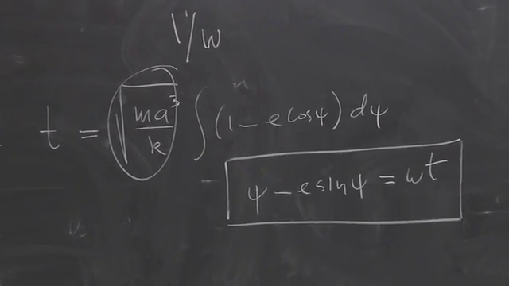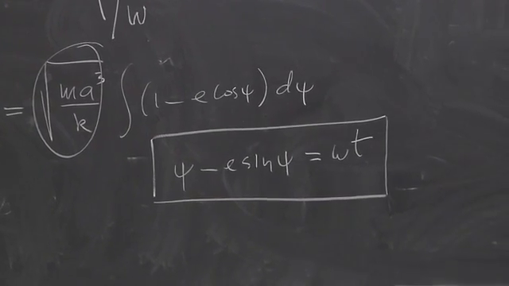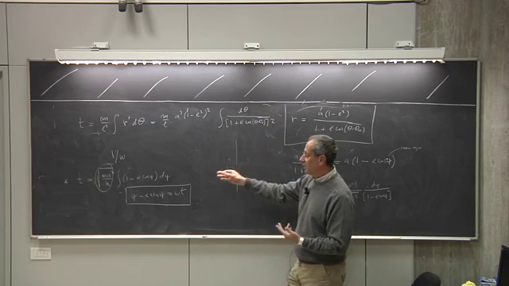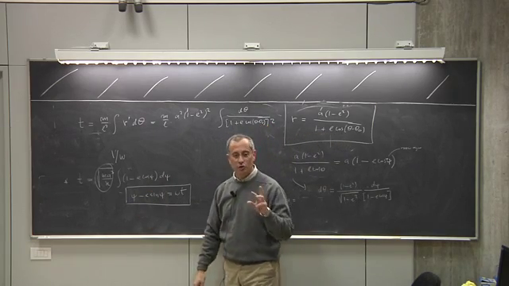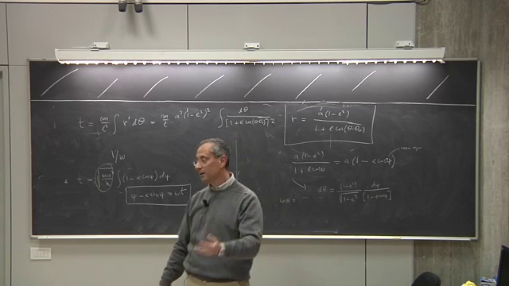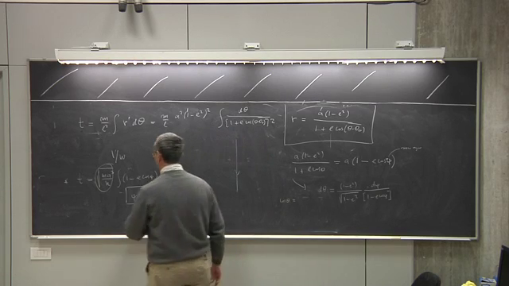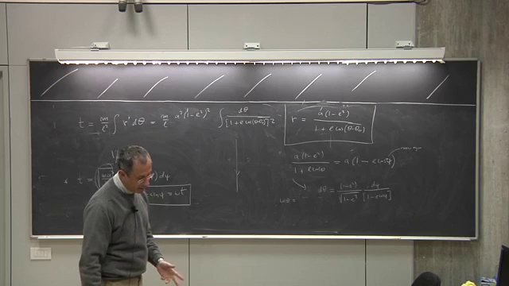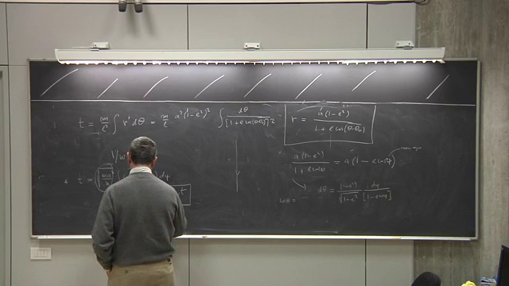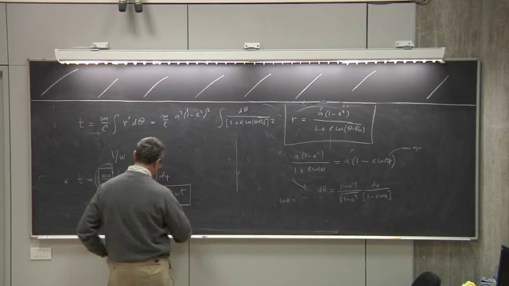So apparently I succeeded. This looked like an awful integral. I did a clever change of variables, and this equation is called Kepler's equation, because this is the way he obtained it.